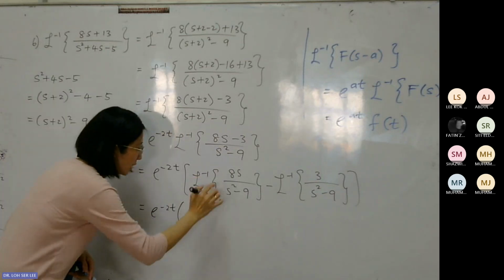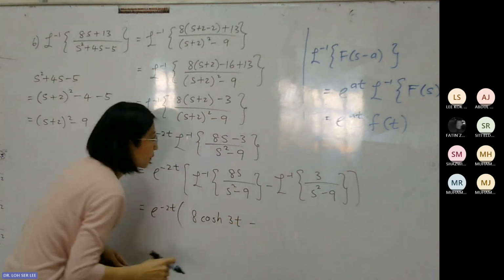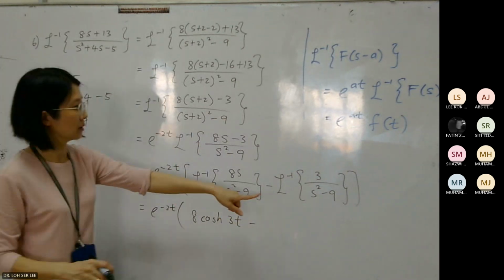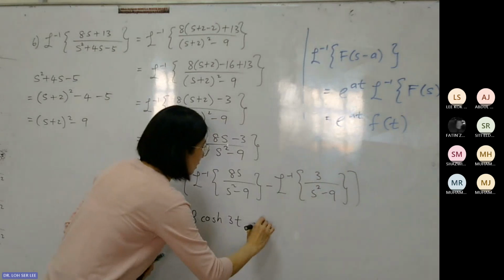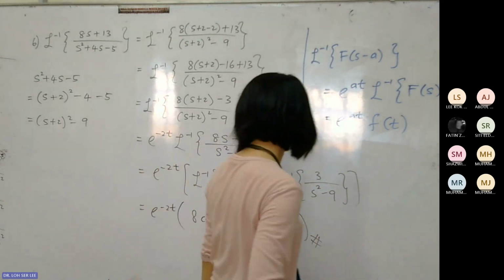Non-less of your 8. Hyphen cos 3t minus. This is hyphen sine 3t.